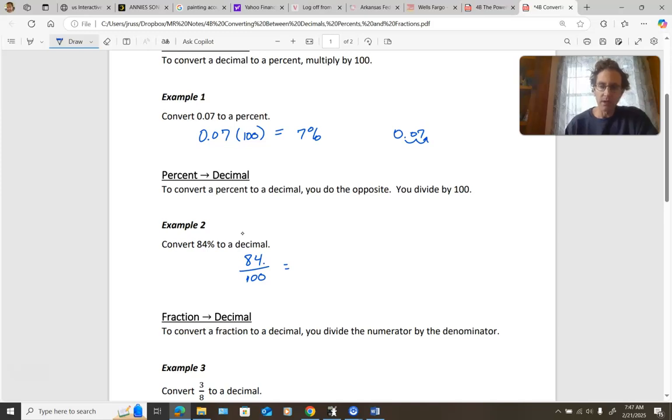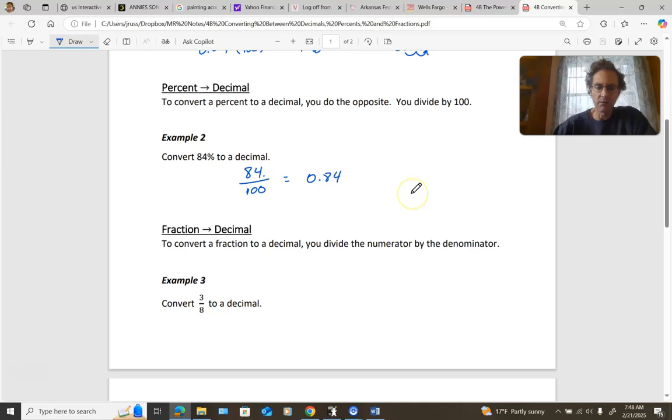If I move that to the left, I'd end up getting 0.84. So 84% is the same as 0.84 as a decimal. Think about 50%. If you can remember that 50% is the same as 0.50 or 0.5, then you should be able to get these.